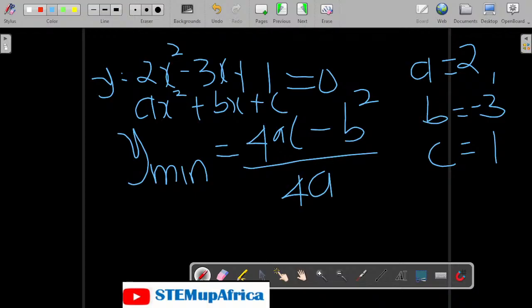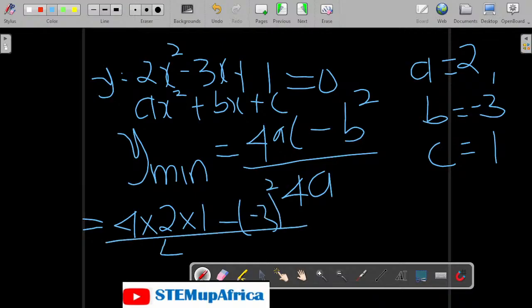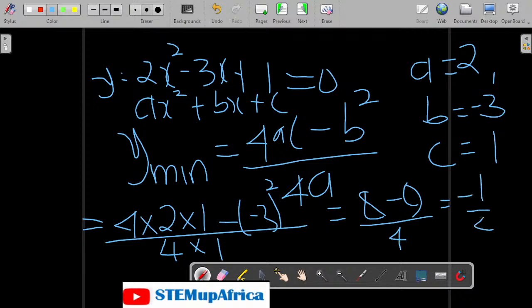So if I fix it into this expression, what are we having? 4 times 2 times 1, minus minus 3 squared, divided by 4 times 1, which is 8 minus 9 divided by 4. Our answer is minus 1 over 4. This is the minimum value, minus 1 over 4.